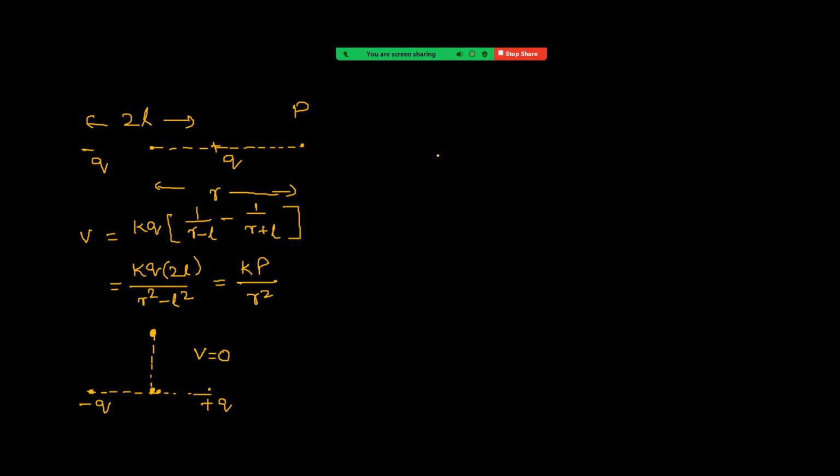At a general point, let us take the dipole moment vector p. Let us say we want to calculate potential at some distance r, and that line makes angle theta with p. Okay.